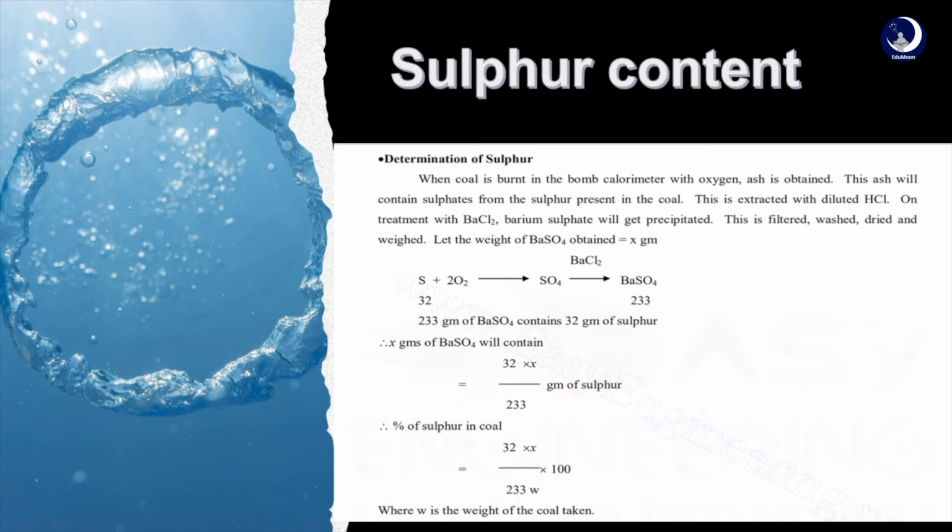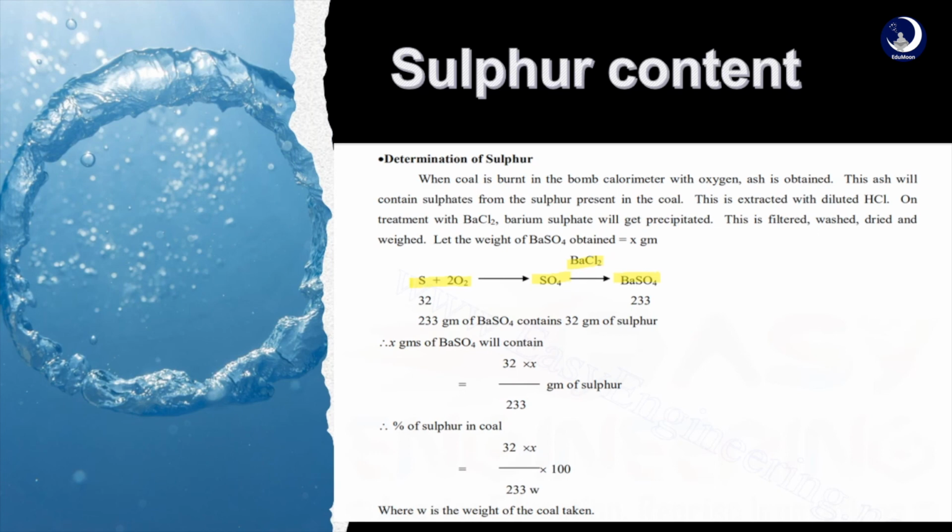Because here, S plus O2 gives SO2, right? And then it is treated with BaCl2, and it is formed as BaSO4. Now this BaSO4 is precipitated and weighed.